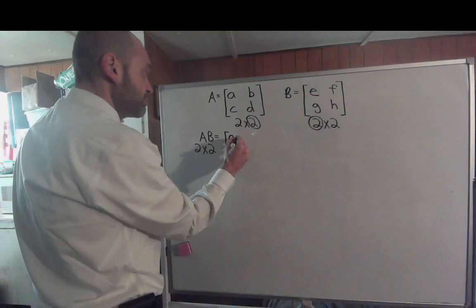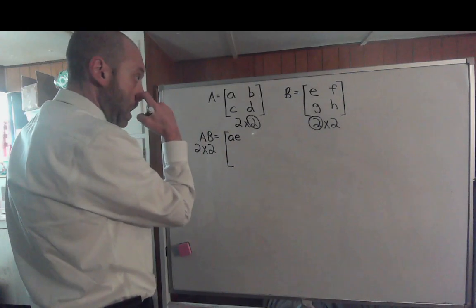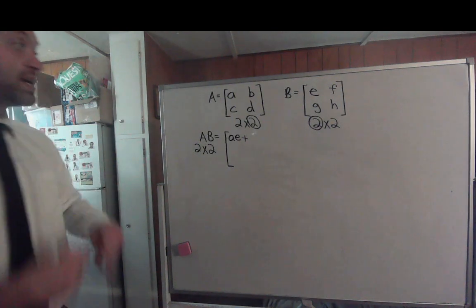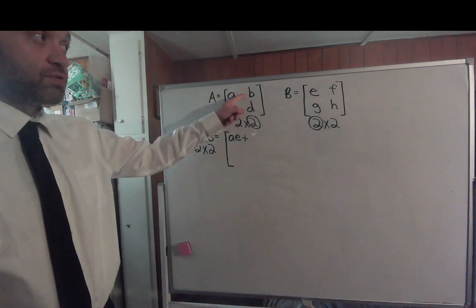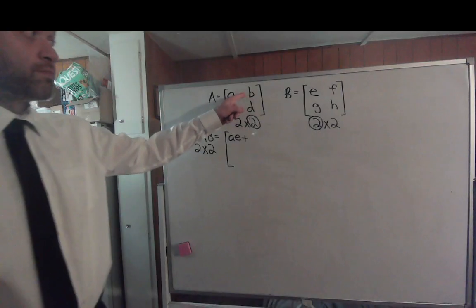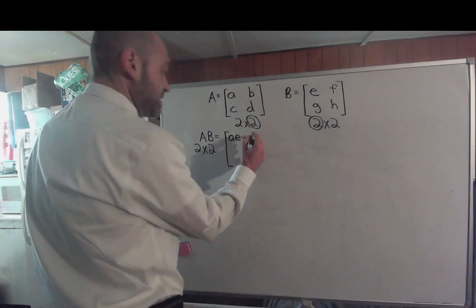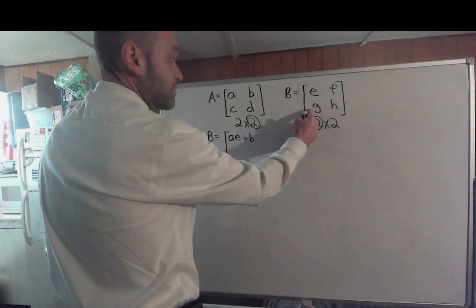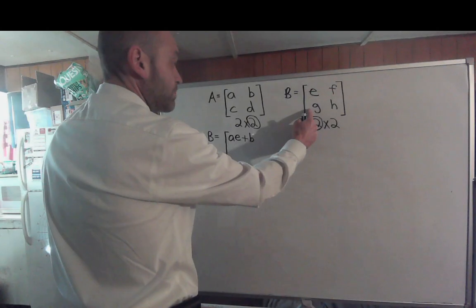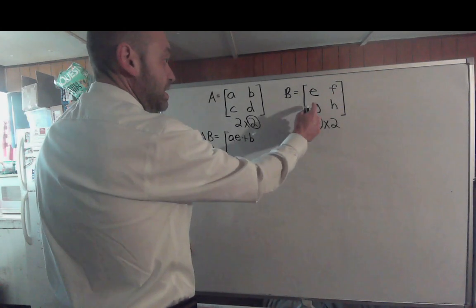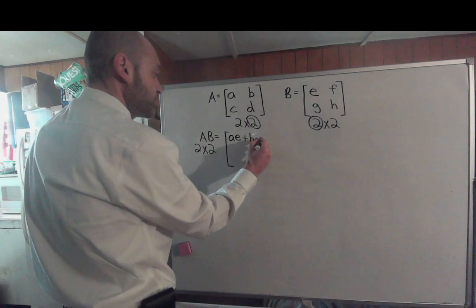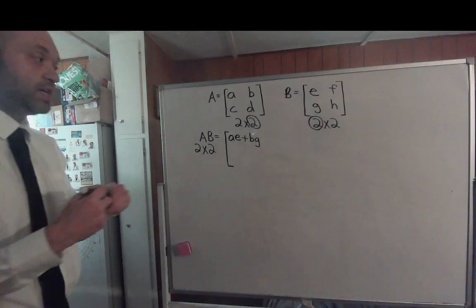So the first number would be AE, plus you'll take the second number in the first row of your first matrix, matrix A, which would be B, times the second number of your first column in matrix B. So the first number should be AE plus BG.